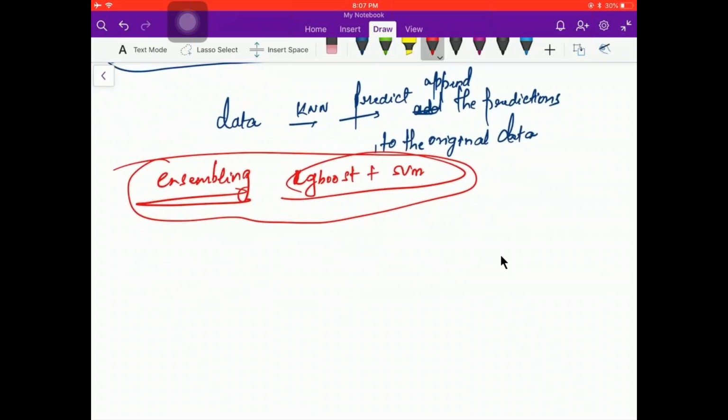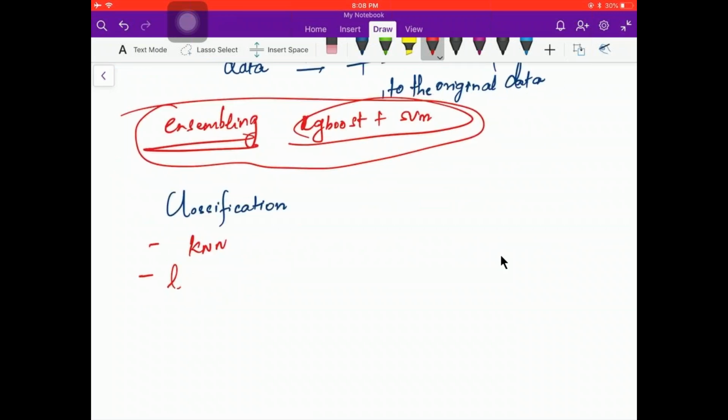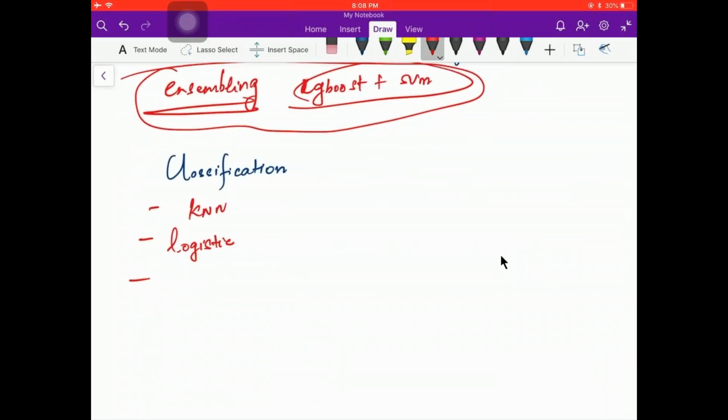Now that this is clear, we didn't discuss classification. Tell me which ones we did. We started with KNN and logistic; KNN can do classification, and logistic can do classification. Then Naive Bayes. Decision tree, we'll do that.